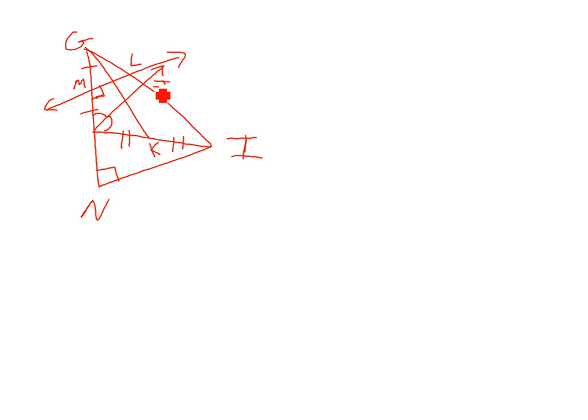So we want the one segment that's a perpendicular bisector. If you're looking for a perpendicular bisector, that's the oddball, right? Instead of a segment, it's a lot of times shown as a what? Line. Do you see a line in this picture? Yeah. Which one? ML. Is ML a perpendicular bisector?